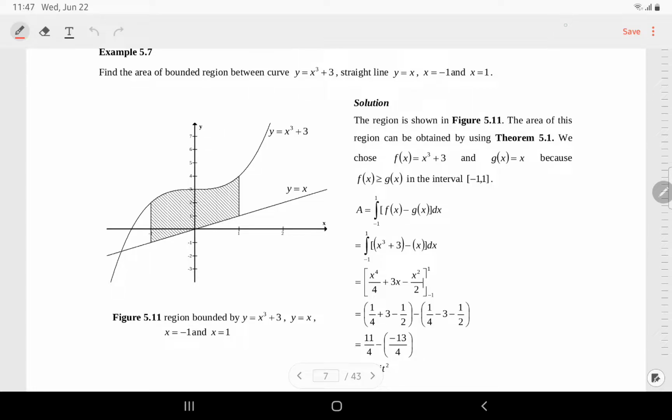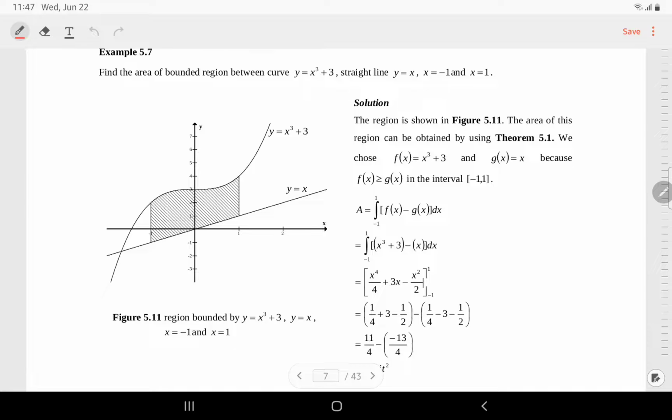Kenapa asalnya nak kena bagi kepada dua subregion? Sebab you all boleh tengok dekat sini, area yang sebelah sini adalah on the right side of y-axis. Meanwhile, area here is on the left side of y-axis. So, sebelah sini dengan sebelah sini kita guna formula yang berlainan. So, kena bahagi kepada dua region. Ataupun, kalau tak nak bahagi... sorry, ini tak ada kaitan dengan y-axis.